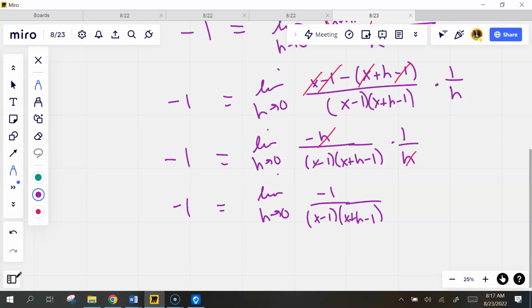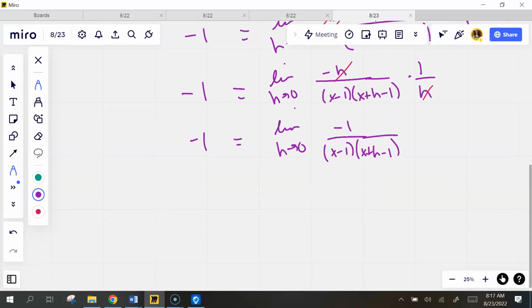Y'all all okay there? Lots of variables, but they start canceling out nicely. If I sub the 0 in here, I end up with -1 over x minus 1 times x minus 1. I plugged a 0 in for that h.